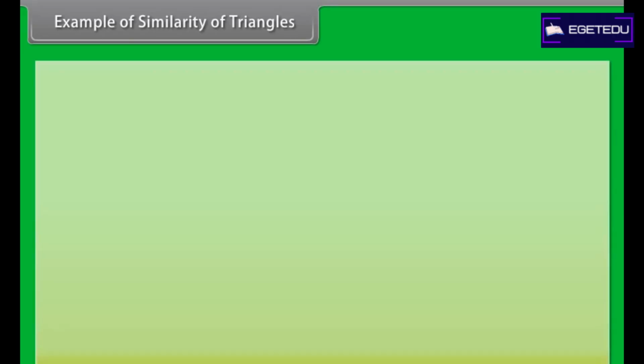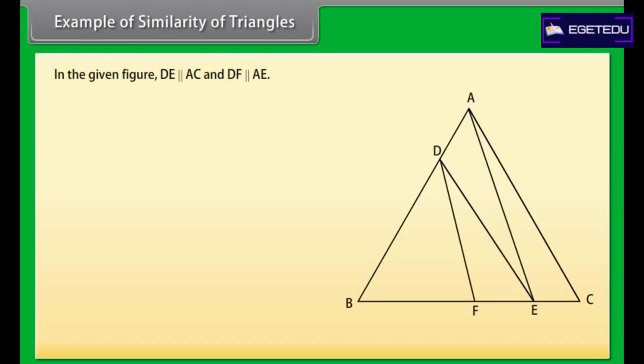Example of similarity of triangles. In the given figure, DE is parallel to AC and DF is parallel to AE. Prove that BF/FE = BE/EC. Solution: in triangle ABC, DE is parallel to AC.